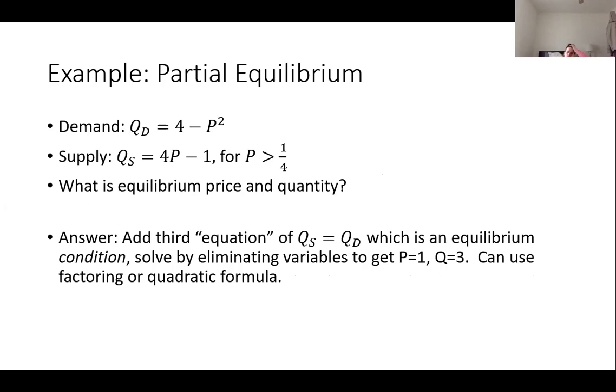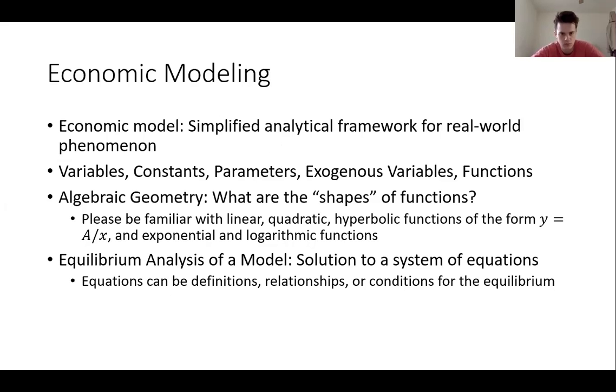Let's see what I have on the next one. I have an example here. You guys want to just try this? I gave you something that's not obvious here because it doesn't have a linear demand curve. It actually has a quadratic demand curve. It has a linear supply curve. I'm asking you now, what is equilibrium price and quantity? Oops, I gave you the answer too.